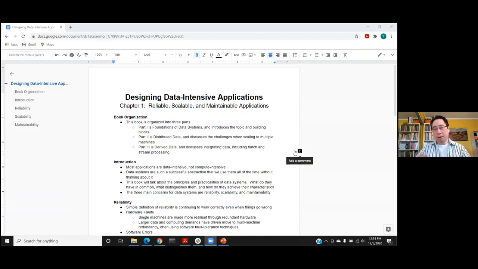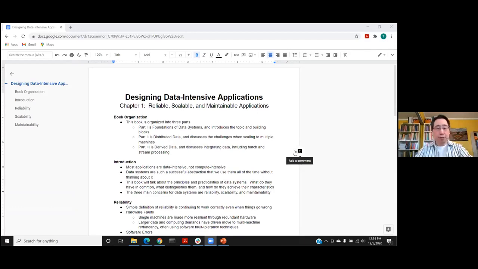Then part two gets to distributed systems. We'll talk about replication and other things involved when you have multiple servers. And then finally, part three is if you can't just have one system doing everything, then you're going to have data that's derived, data that's being collected together. And so he talks about batch processing, streaming, and different things like that.